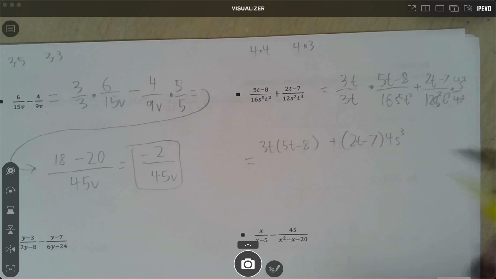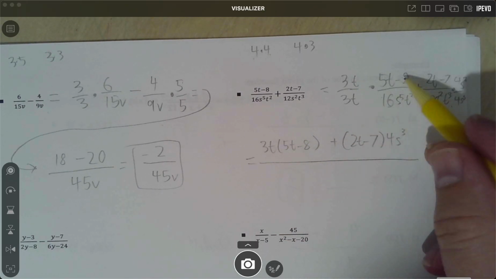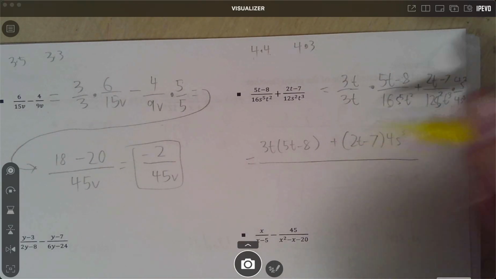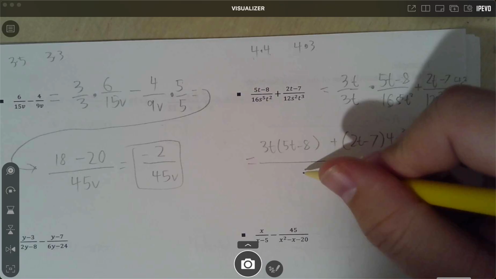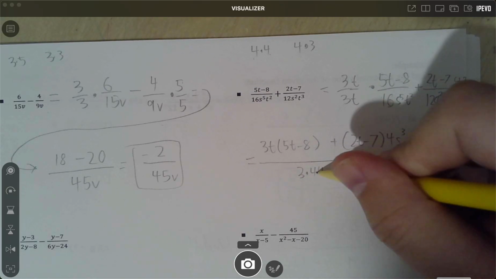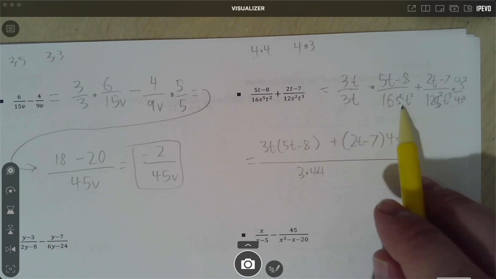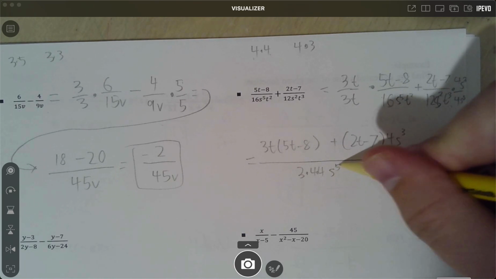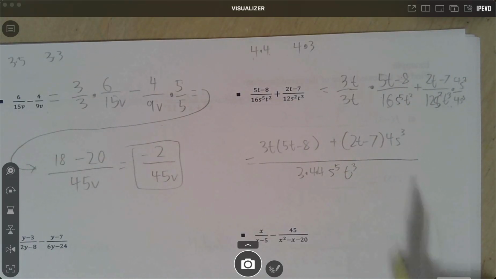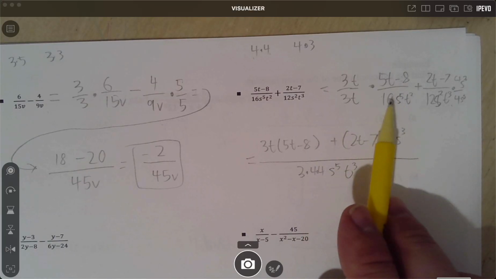So that's my new numerator, and I'm going to distribute the 4s cubed to the right side, but it's now all over my common denominator of, I feel like being lazy, 3 times 4 times 4. I know that's what I have because there is a 4 times 4 and I just made a 3. I know there's going to be 5 s's because that's the most I saw, and 3 t's because that's the most I saw.